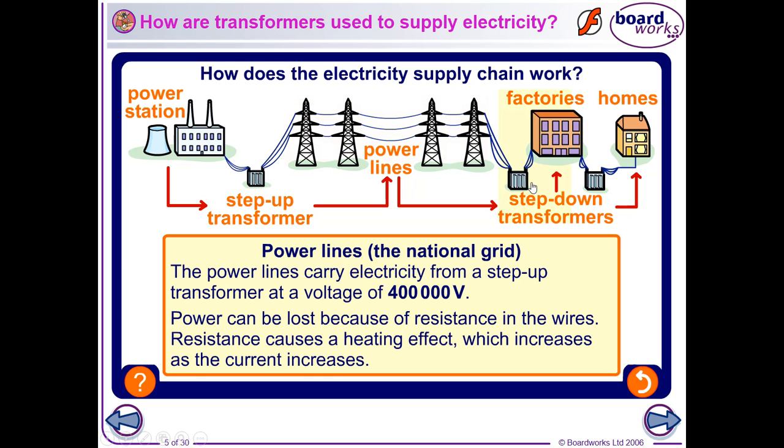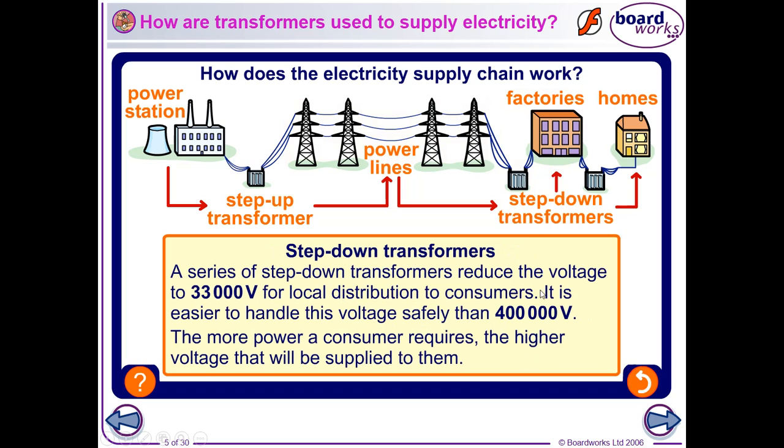When we get to factories, for example, we might have factories and machines that use 33,000 volts, or electric distribution, the power lines in the towns, that have 20,000 volts, so we'll have a step-down transformer to go from 400,000 to 33,000 or 20,000 volts.